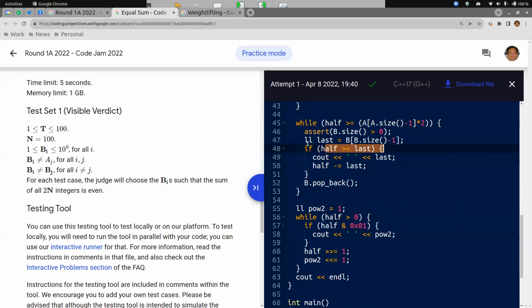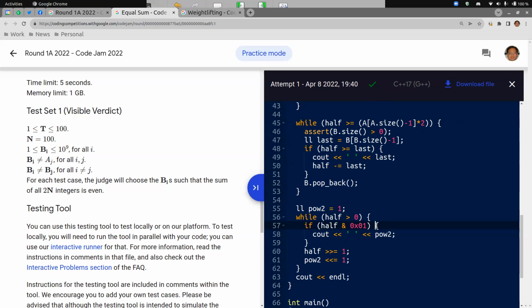And then when I exit this loop, I know that the number I have in half will be expressible as a sum of powers of 2. So then this is just a very standard decimal to binary conversion. While the number is bigger than 0, if the lowest bit is 1, then it's an odd number. This is a bitwise operation.